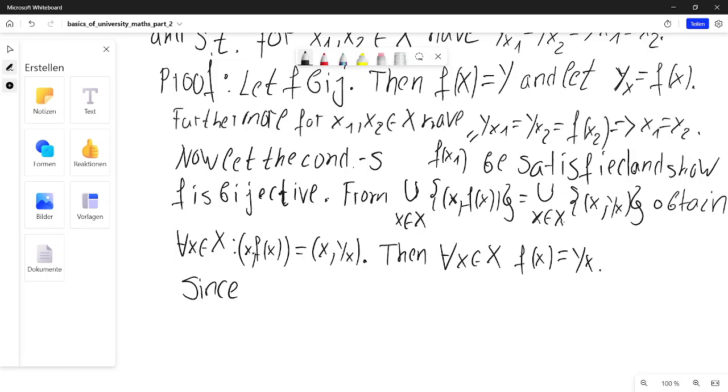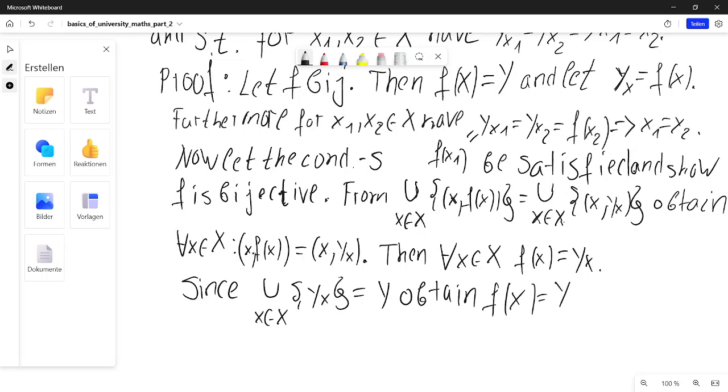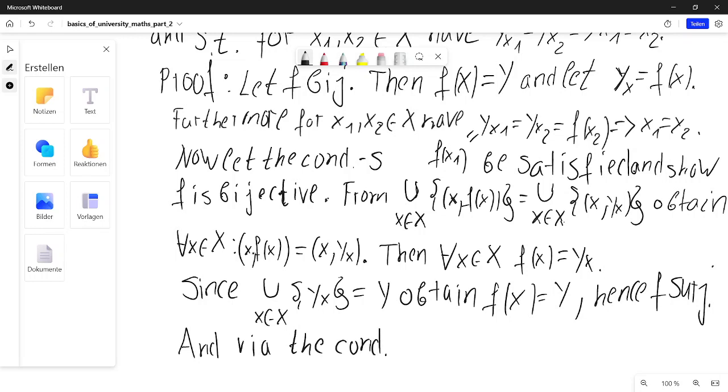Since f of x equals y, we obtain via this that f of x is equal y, and f is surjective, and via the condition f of x1, f of x2.